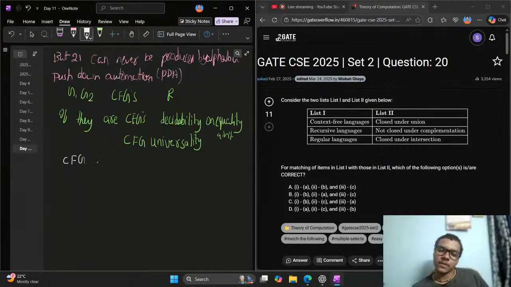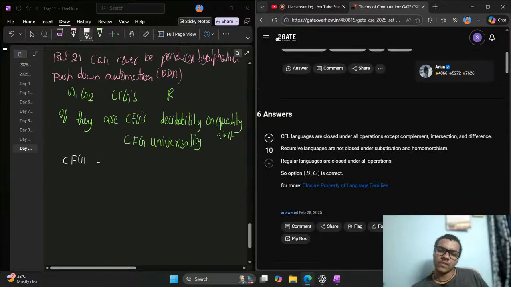Context-free grammar: if a CFG and a CFG are combined, the resultant is a regular language. CFL.